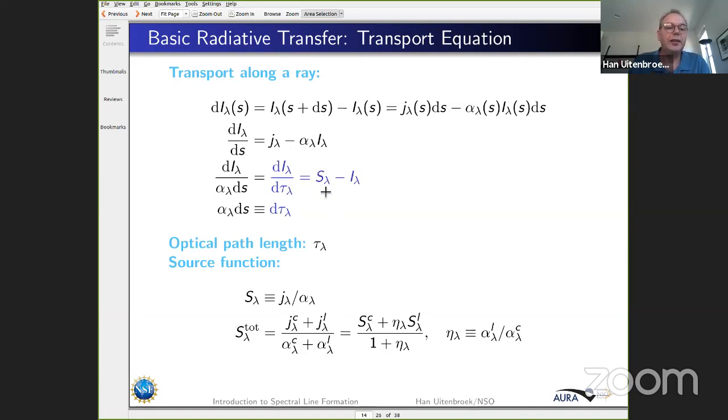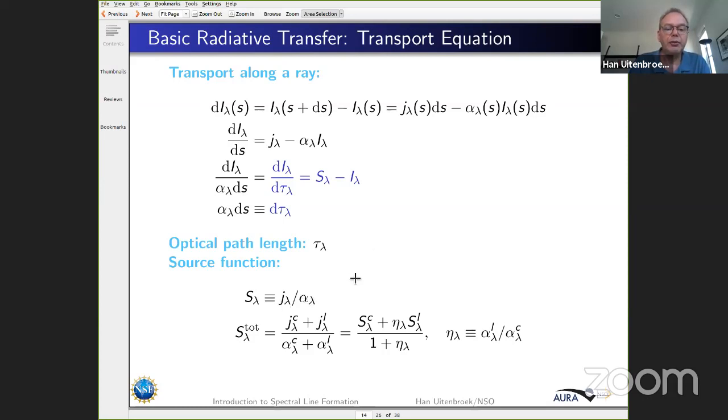And the fact that in general, the source function is actually a function of I. So in general, this is not a closed equation. So the source function, by this rewriting of the equation, is determined as the emission divided by the absorption coefficient.